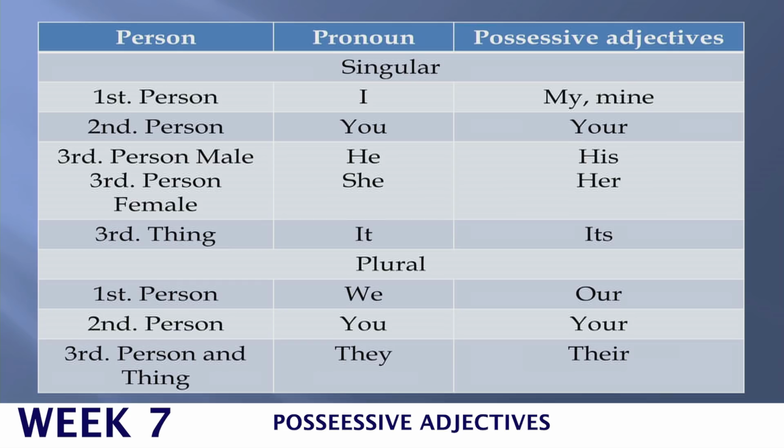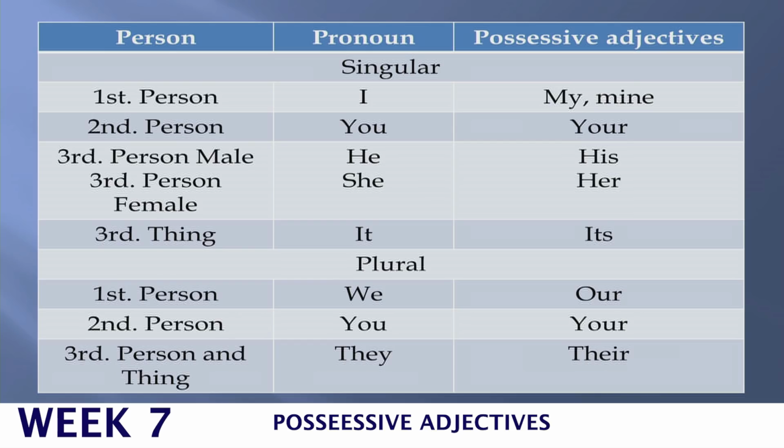For the second person, you, the possessive adjective would be your. For the third person male, it would be his. For the third person female, it would be her. And for the third thing, it would be its.